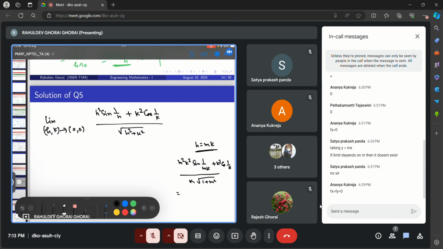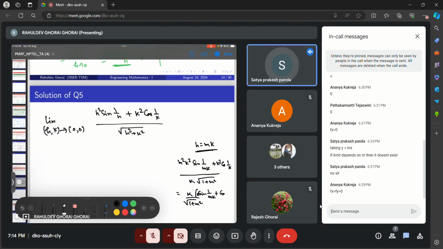So that will give you k times sine 1 by mk, over square root of 1 plus m square, plus the cos term. The k square will be common, and you have k in the denominator and numerator, so you just cancel it.